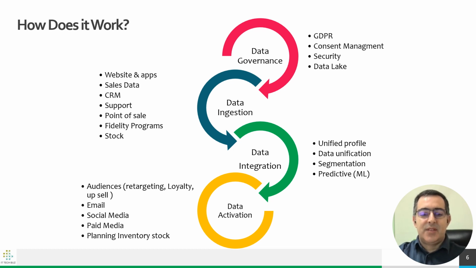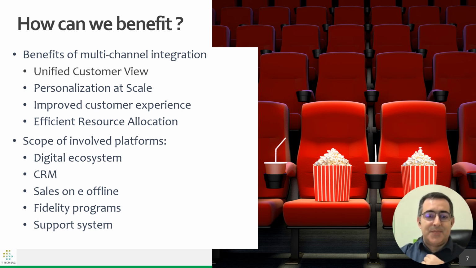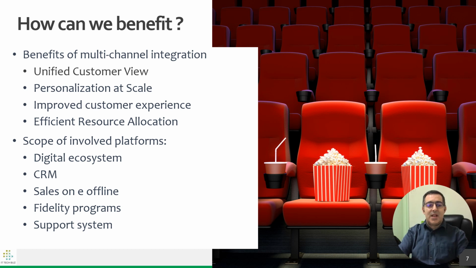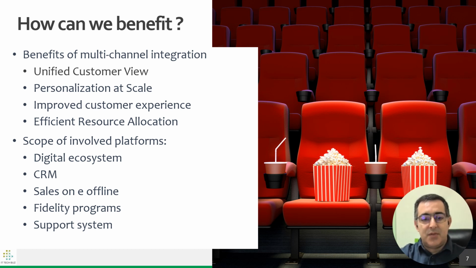Okay, so these are the main things that we should work on all together as a CDP. Next, how can we benefit from this? The benefits are very clear. You have the unified customer view, generated at scale, which improves customer experience, because we're not going to offer what he doesn't want.